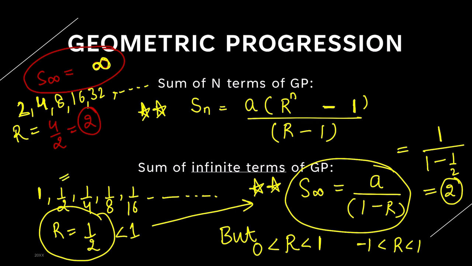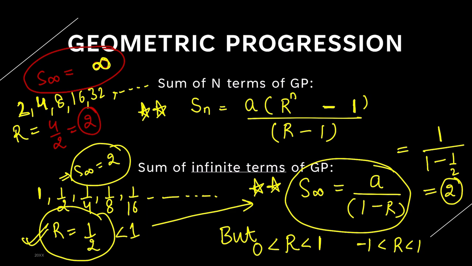So in this series, the sum of infinite terms is 2. Why? Because our common ratio is less than 1. So this is a very important thing you have to keep in mind: you can only find the sum of infinite terms of a GP series when the common ratio is less than 1, right? I hope this is clear.